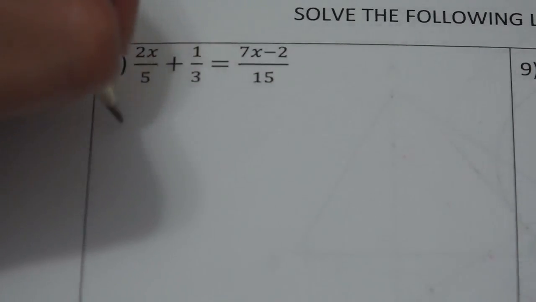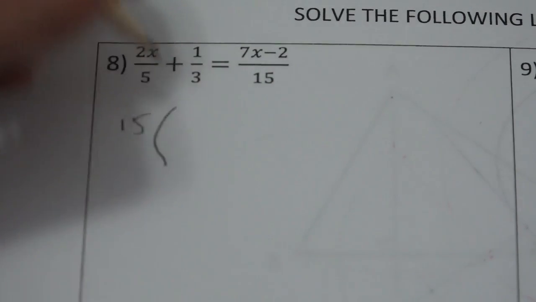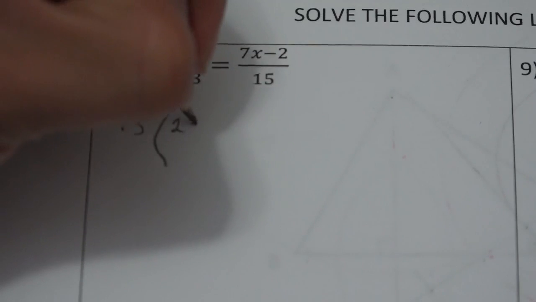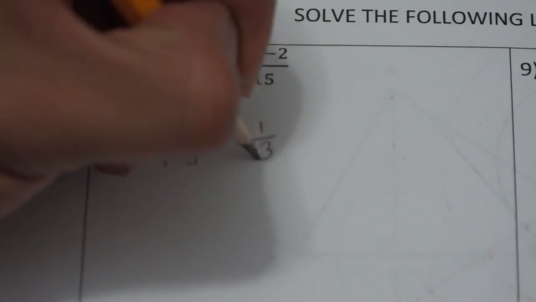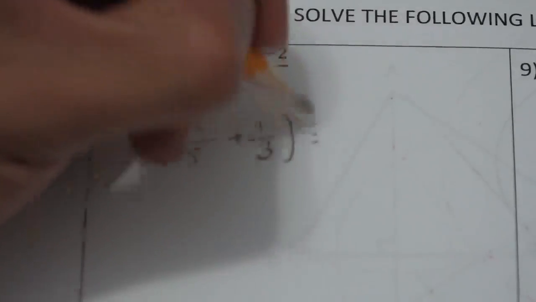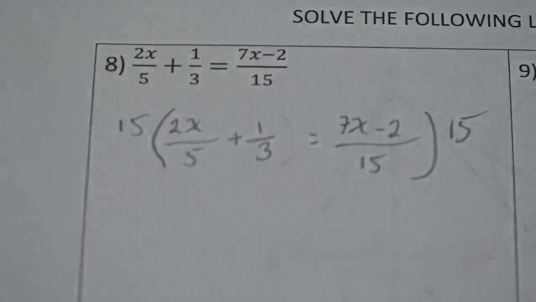So the common denominator here is 15, so I'm going to multiply the whole thing by 15. Okay, so I multiply the whole thing by 15.